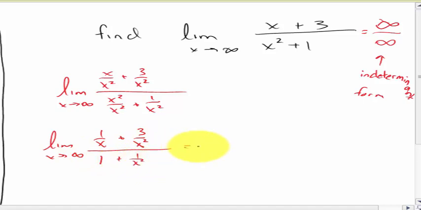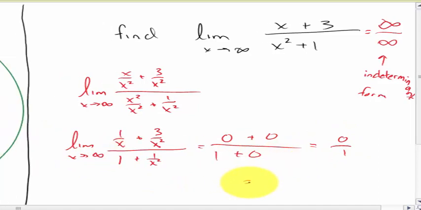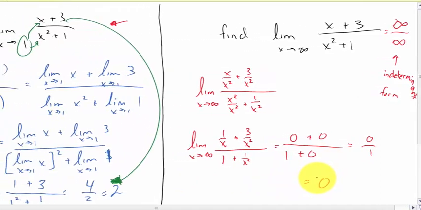Now, we can take the limit of each one of these independently, much the same as we did over here, and we know that the limit of something over x is going to be 0. So in the numerator we have 0 plus 0 over 1 plus 0. Our limit as x approaches infinity is 0.